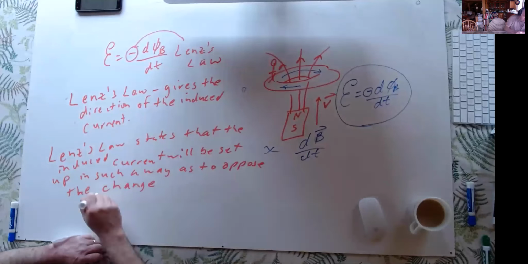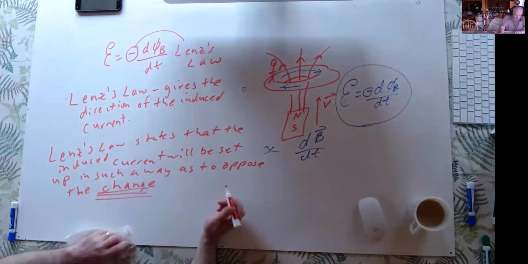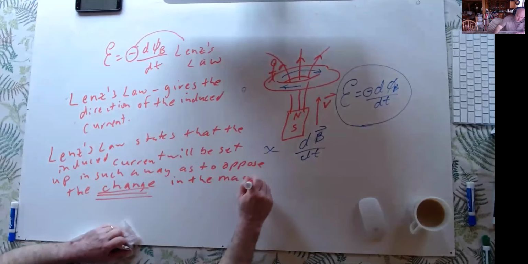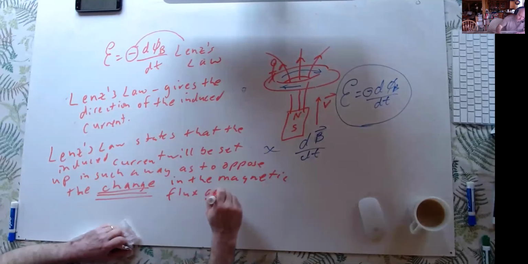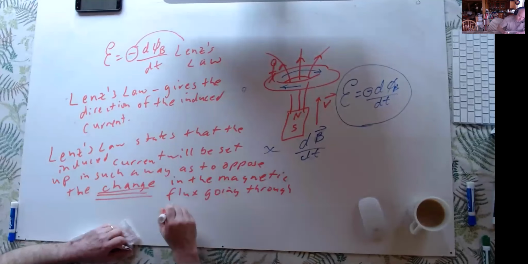And that word change is really, really important, because that change is going to be a lot more complicated than you think. It's a way to oppose the change in the magnetic flux going through it. Okay, that's what Lenz's law states.